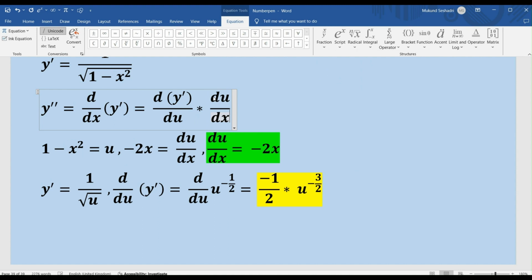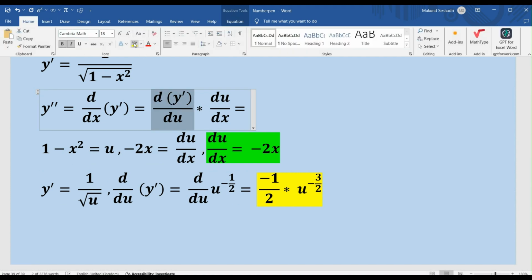So you will have to visualize y dashed as another new function and do not get confused, just because you have a d by dx of dy by dx. Just visualize y dashed as another new function and solve this problem by the chain rule, right? So my dy dashed by du is nothing but what I have in yellow. So I'm going to pull that out. Let's highlight it with a yellow color.